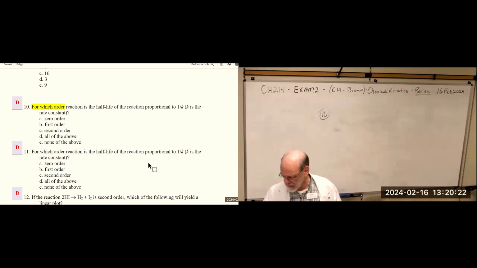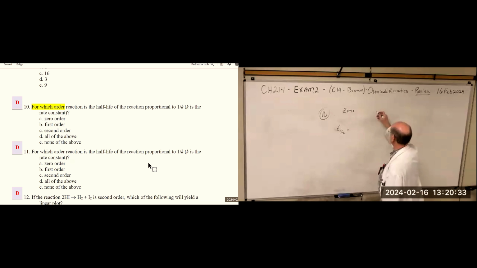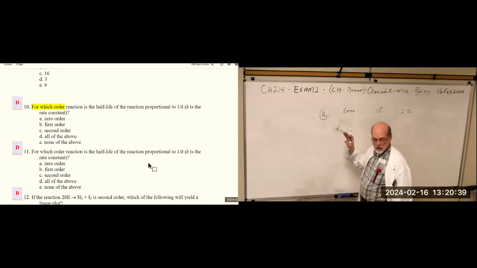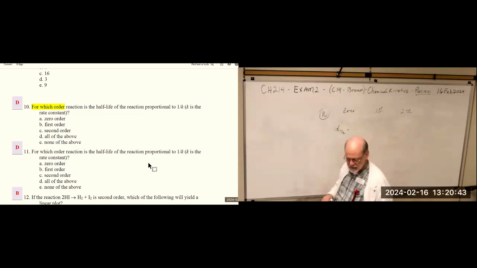All right. So let's get our half-lives. t1/2 equals, and this is 0 order. This will be first order. This will be second order. And so t1/2 for 0 order is, I use my cheat sheet, [A]0 over 2k.